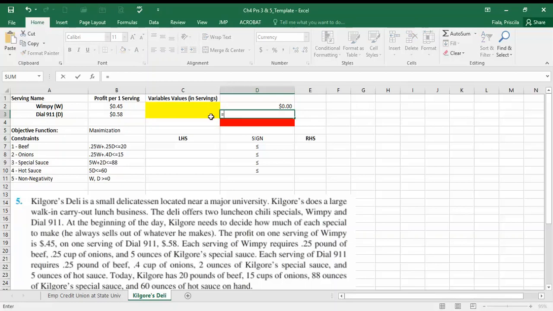And then right here, we have 0.58 cents per serving times whatever Solver defines as the optimal value decision variable for servings.